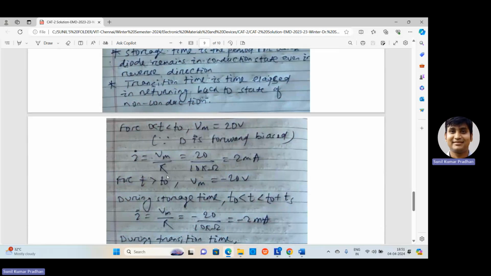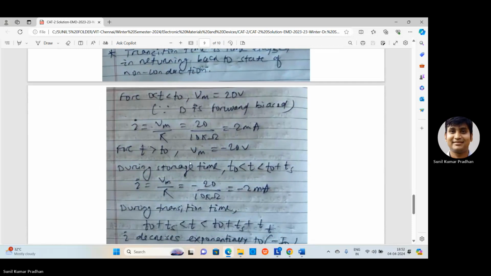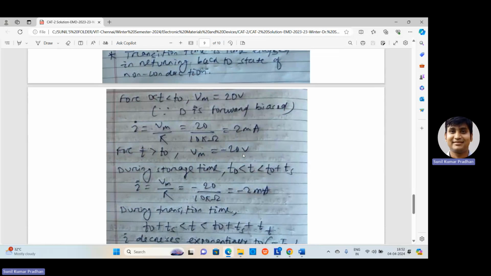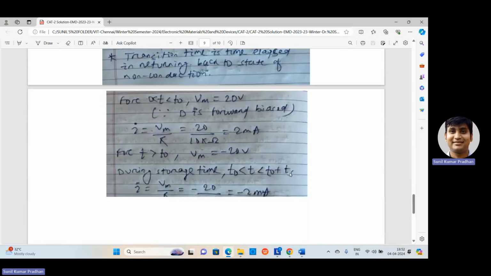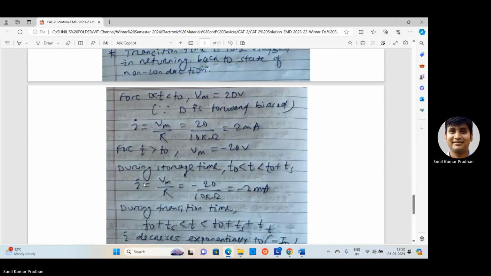And when t is greater than t naught, this voltage will be minus 20 volt. Okay, so this is during the storage time. That means between t naught to t naught plus ts. Okay, ts is nothing but your storage time. So what is my current then? It will be minus 20 by 10 kilo ohm, that is minus 2 milliampere.